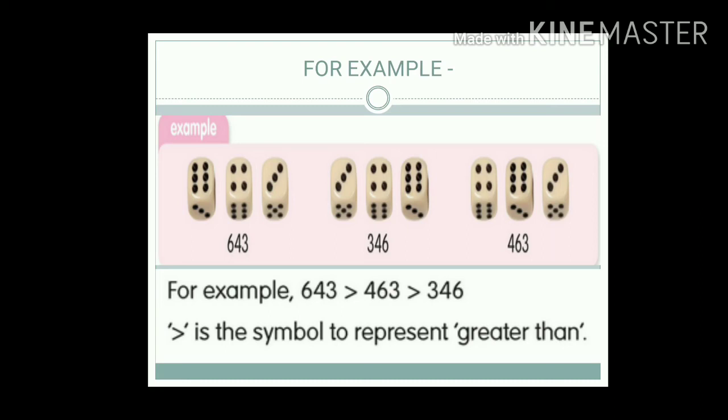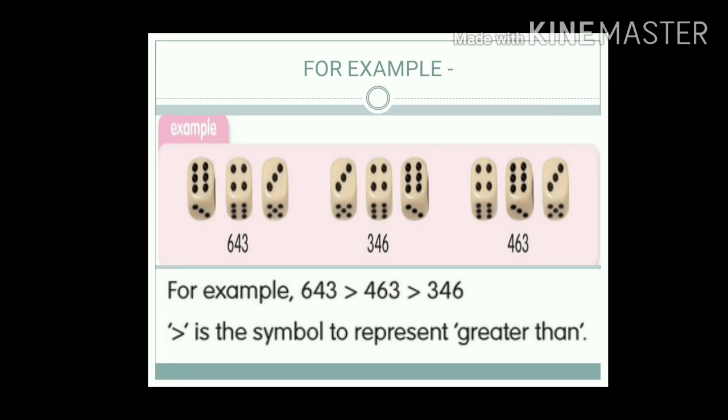So 643 is greater than 463, because 463 has 4 hundreds in it. Now 463 is also greater than 346. Why? Because 346 has 3 in the hundreds place. Alright children, I hope you are able to understand because you have already learnt about it in your previous chapter, and we are just adding another place value, that is hundreds.